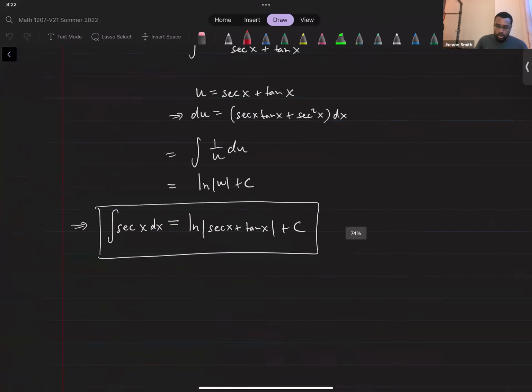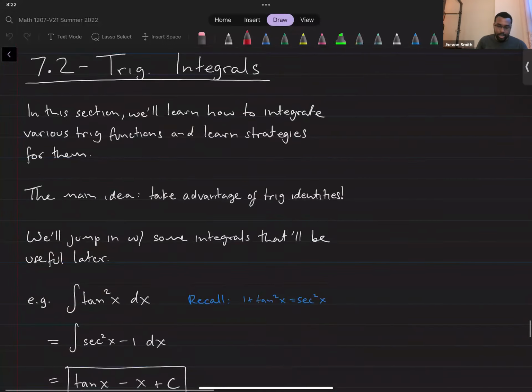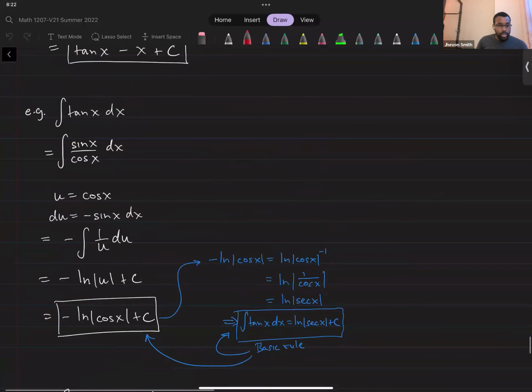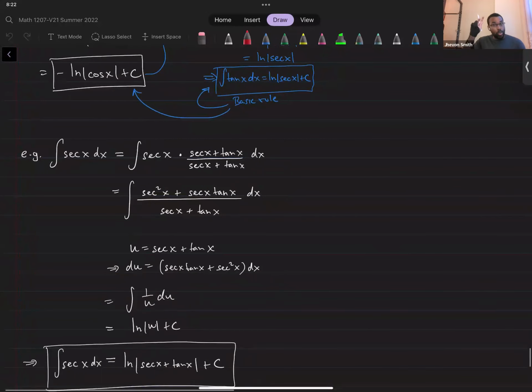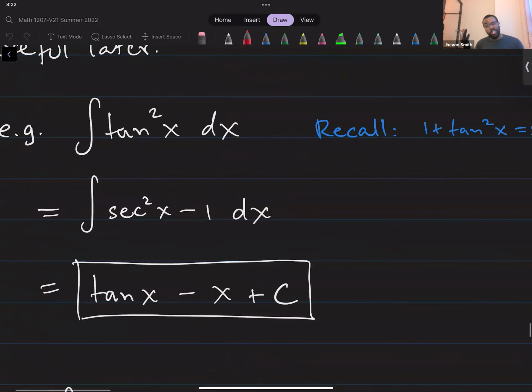So these guys are going to come in handy, knowing how to integrate secant, knowing how to integrate tangent, knowing how to integrate tangent squared. The integral of tangent and the integral of secant should be considered basic rules. Like, these are things you need to know by heart. Integral of tangent squared, not so much, but it should be something that you know how to deal with.